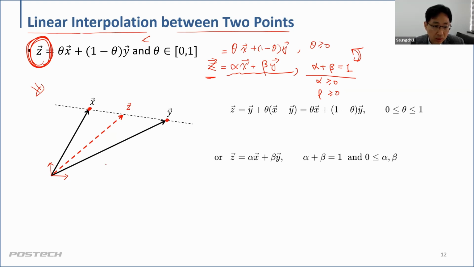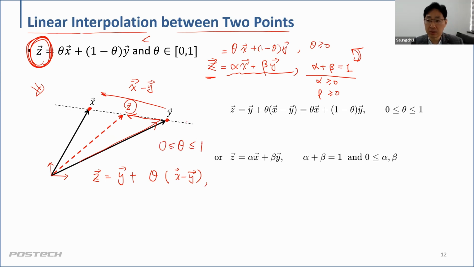So z vector is y vector plus this one. This vector is x minus y. And it's smaller than 1, but again, it's positive.